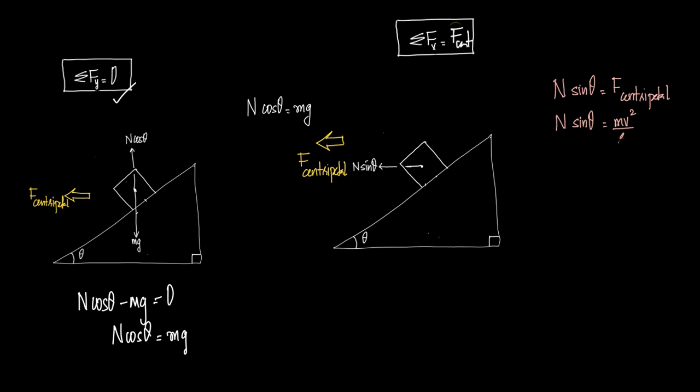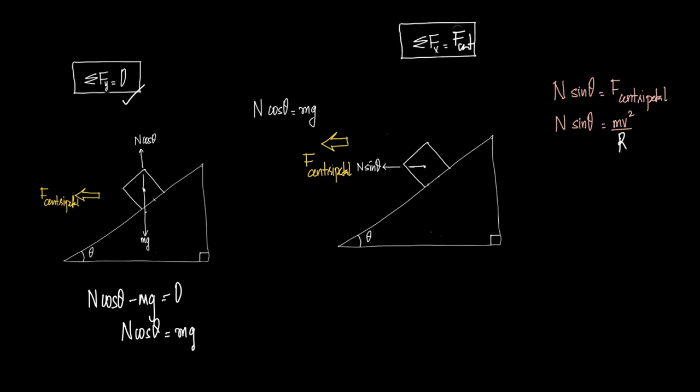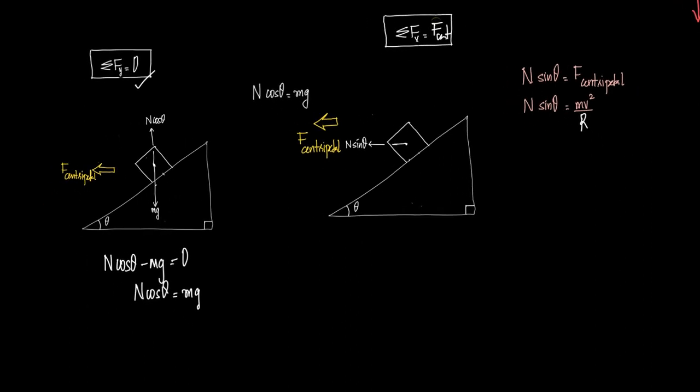Let us take this radius as capital R, mv squared by R. Now let us bring these two equations together: n sine theta is equal to mv squared by r, and n cos theta is equal to mg, and then we will divide these two equations.